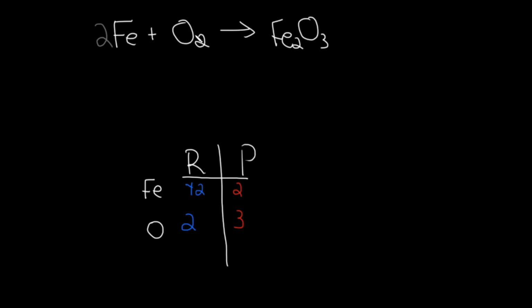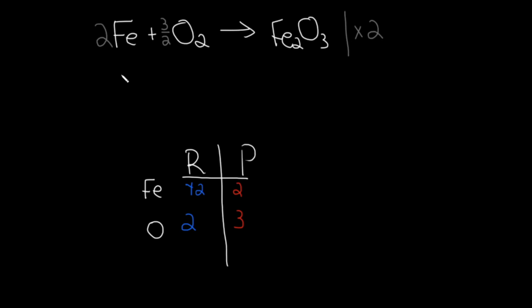But we see that there's no way to multiply 2 by an integer to get 3. So instead we have to balance by a fraction. We can do this by multiplying oxygen by 1/2. This way we get 1 single oxygen atom, and if we multiply by 3 now, we get 3 oxygen atoms. But we don't want fractions in our expression, which means that we have to multiply the whole expression by 2.